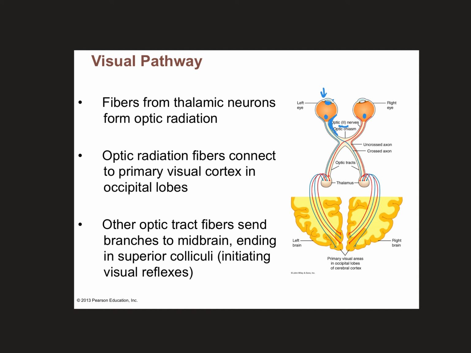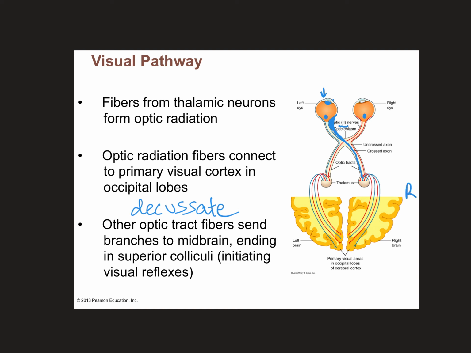The medial or middle aspect is going to travel along and stay for a little bit on the left side, but then it is going to do what we call decussate. And decussate is a fancy way of saying cross. It is going to decussate or cross over to the other side of the brain.